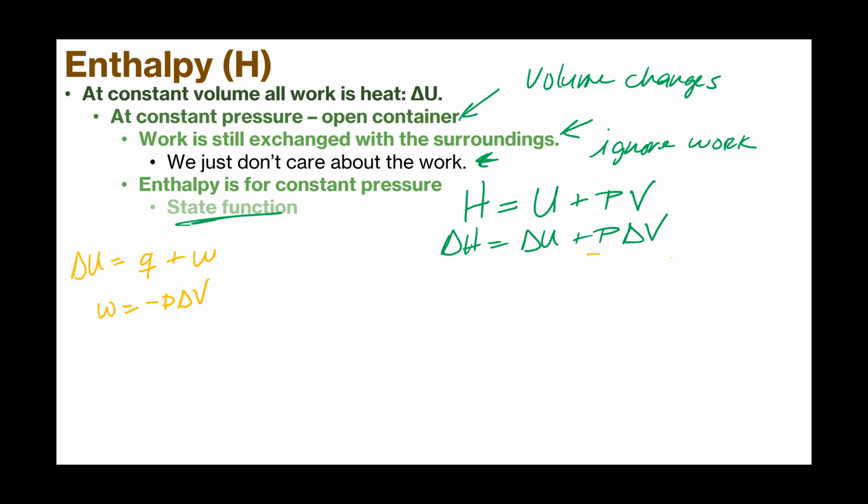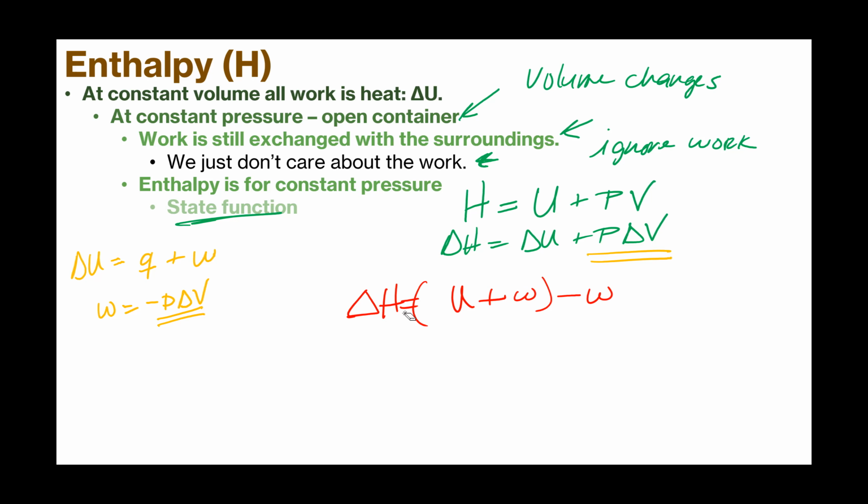We have P delta V over here, and P delta V over here, and we can sub those in and say that our delta H is equal to delta U plus P delta V.